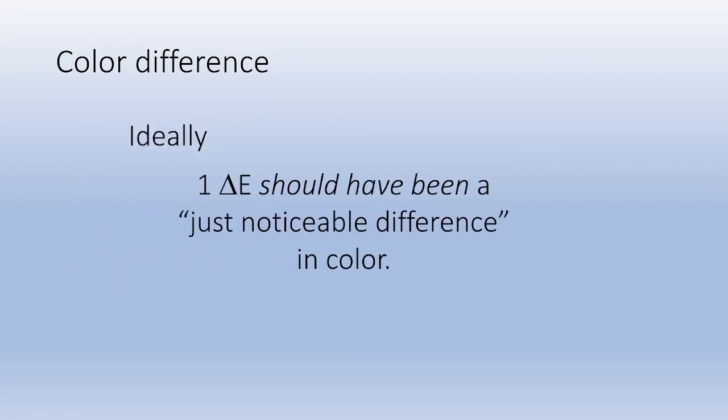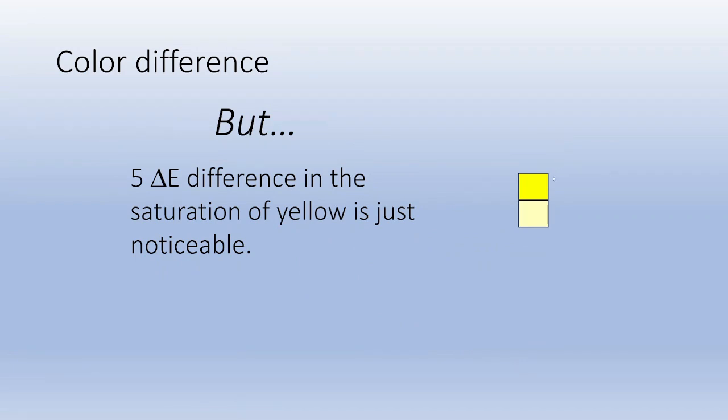Ideally, a color difference of 1 should be a just noticeable difference in color. But unfortunately, a delta E of 5 in the direction of a saturated yellow is close to that just noticeable difference. So here we have a yellow that has a B star of, I don't know, we'll call it 90, and the one above it is 95.